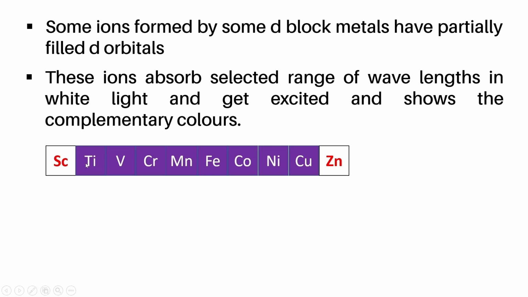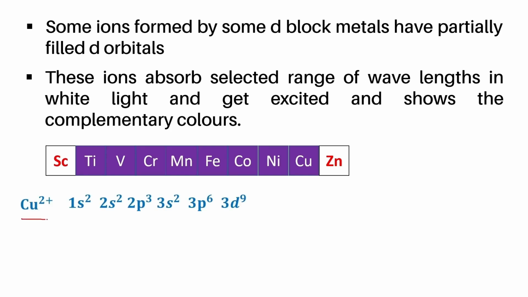But the ions formed by the elements titanium to copper show colors in aqueous solutions due to the presence of incompletely filled d orbitals. Right, this can be explained in detail by considering the electron configurations of these ions.